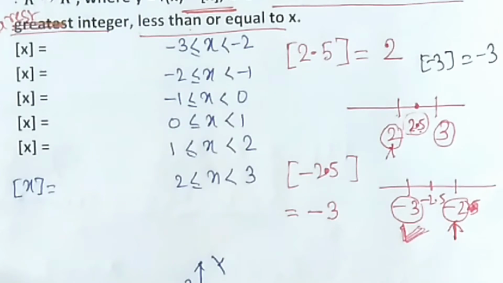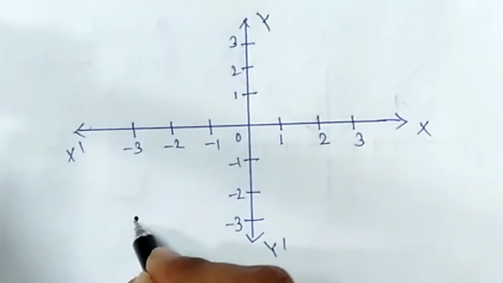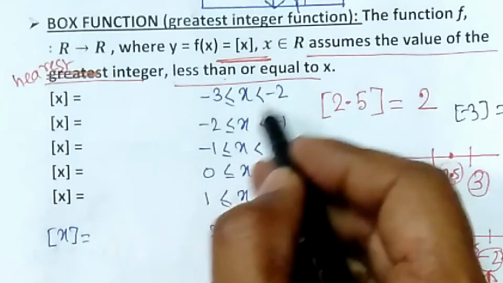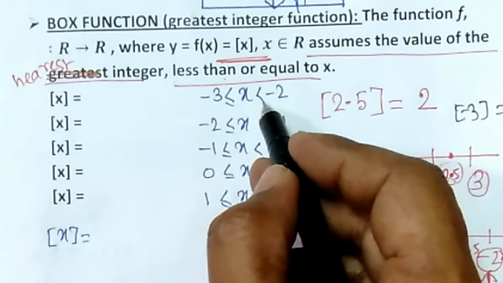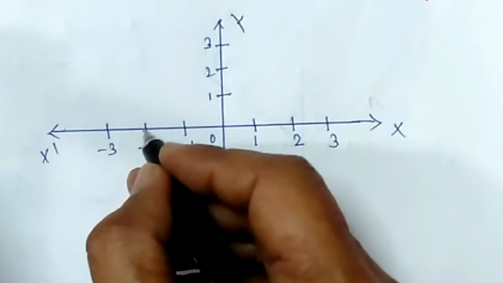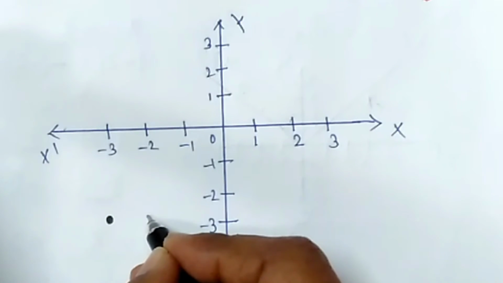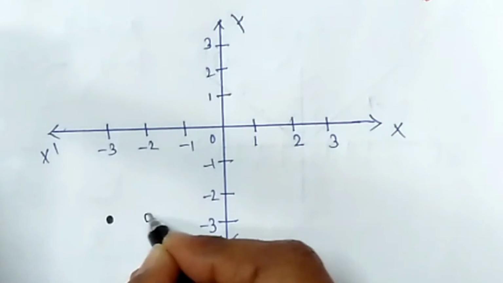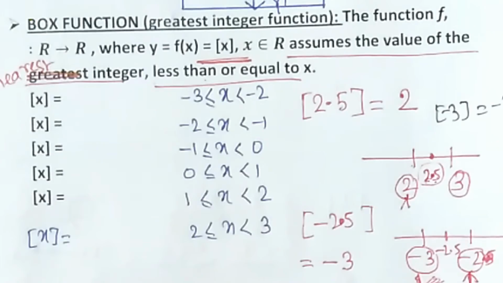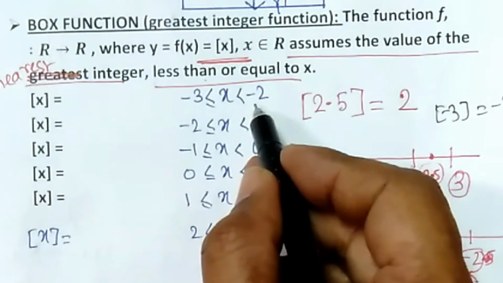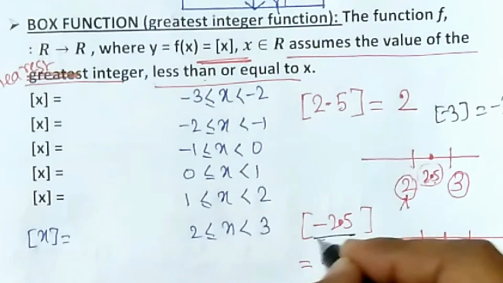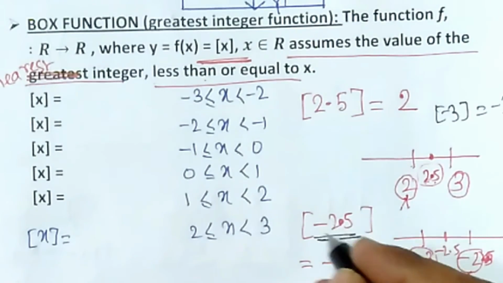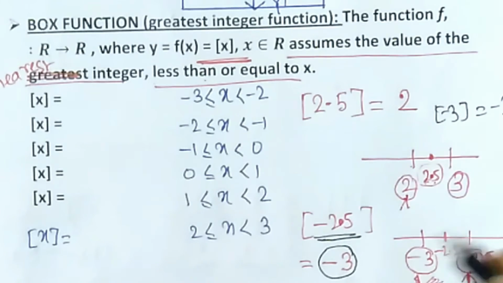Here in this range we are not taking the value for minus 2, so we are excluding the point minus 2. Now in between minus 3 and minus 2, suppose there is minus 2.5, then the box of minus 2.5 will be minus 3.